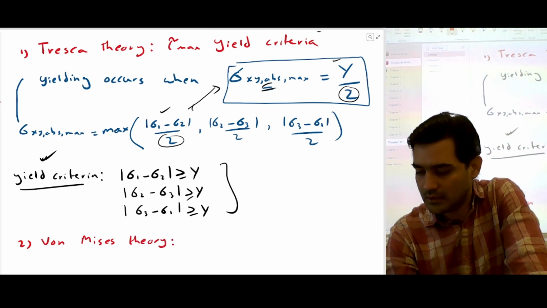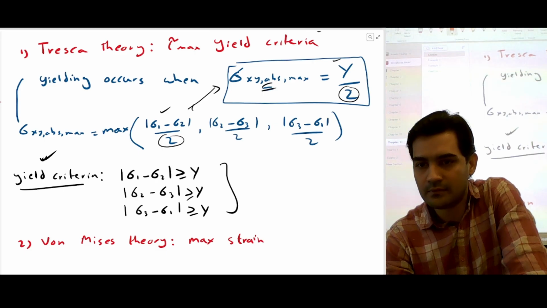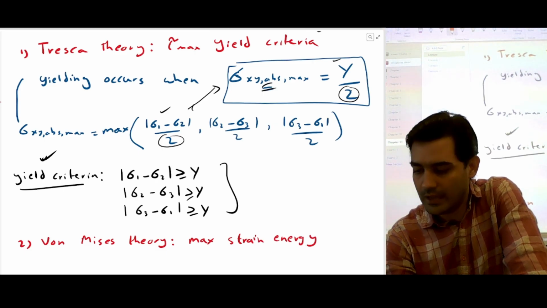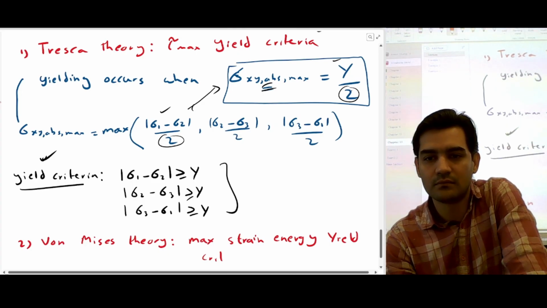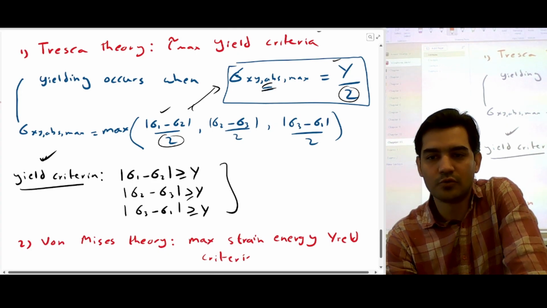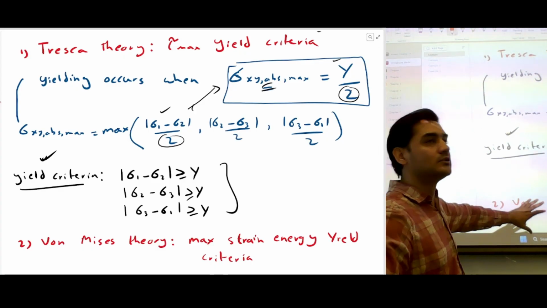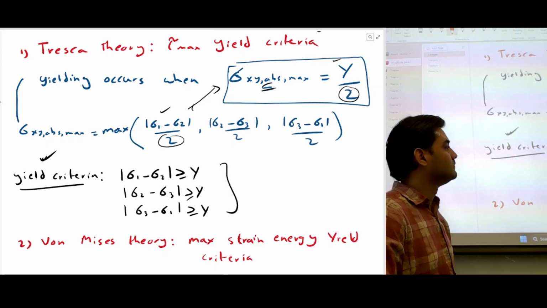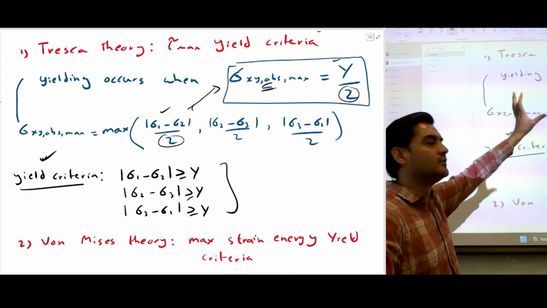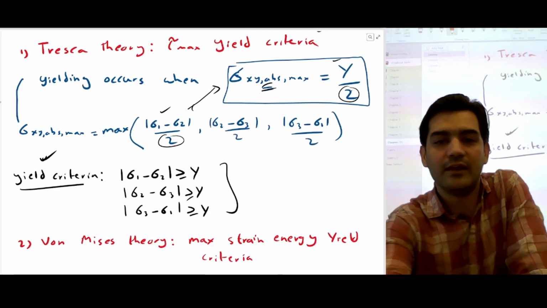It's also called maximum strain energy yield criteria. And this is the most famous one. All the finite element analysis tools also use this theory to calculate the yielding. So if you have seen any finite element figures, they use von Mises to calculate failure.